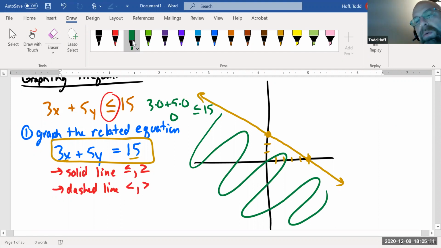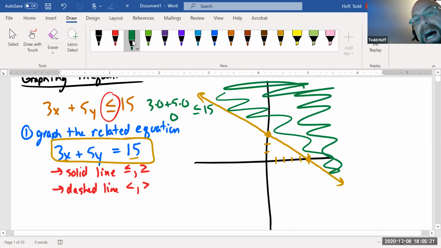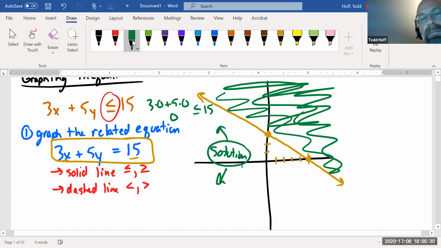But in linear programming, we want to block out parts where the solution cannot be. We're trying to restrict where the solution is. So we're going to shade in this side of the graph, saying the solution is not over there. We cannot go over there. That's telling us the solution is over here in this region.